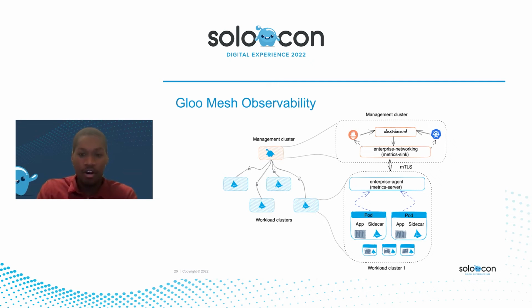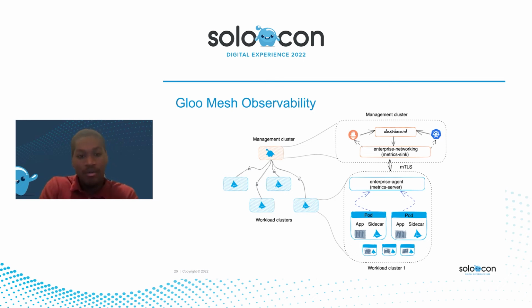So the sidecars for all of the services within your workload cluster are pushing their metrics to their local Gloo Mesh agent. And then on the top side, in our management cluster, we have our networking deployment, which is also serving as a metric sink for Prometheus. And we also have a separate dashboard deployment, which I'll talk about in a bit.